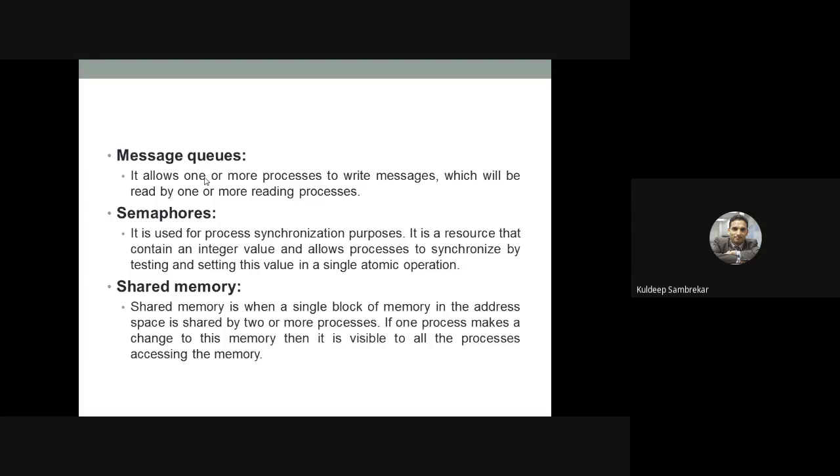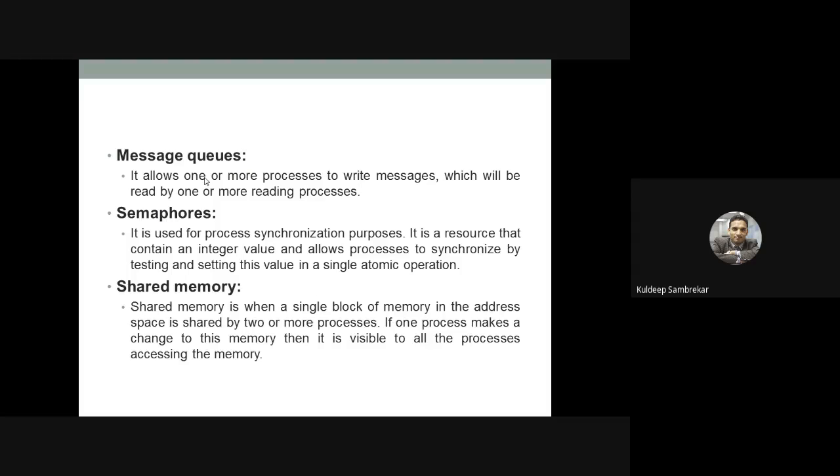And the last concept is shared memory. As we all know, shared memory is a block of memory in the address space shared by two or more processes. When two or more processes share the same block of memory, it is called shared memory. If one process makes changes to this memory, then it is visible to all the processes accessing the memory.